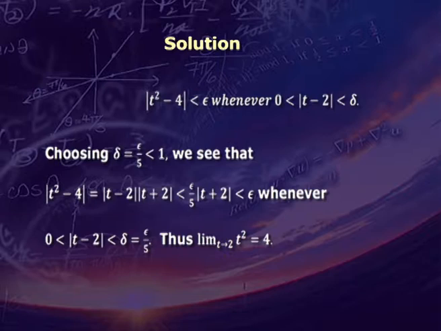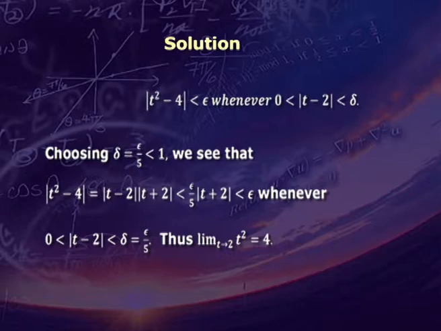Choosing delta is equal to epsilon by 5, which should be less than 1, we see that mod t square minus 4 is equal to mod t minus 2 into mod t plus 2, which is less than epsilon over 5 times mod t plus 2, which is less than epsilon whenever mod t minus 2 is greater than 0 and less than delta, which is epsilon by 5. Thus, limit of t square as t goes to 2 is 4.